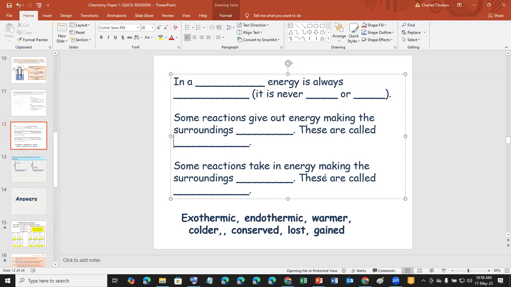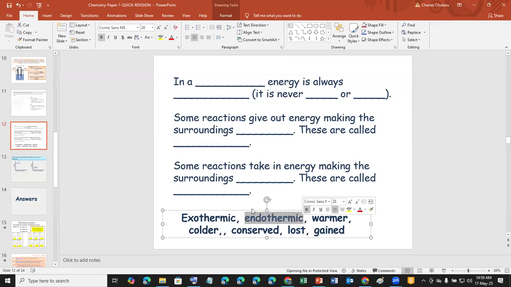So when some reactions take in energy, they absorb energy from the surroundings. It makes the surroundings to be what? Cooler or colder. And these are called endothermic reactions.